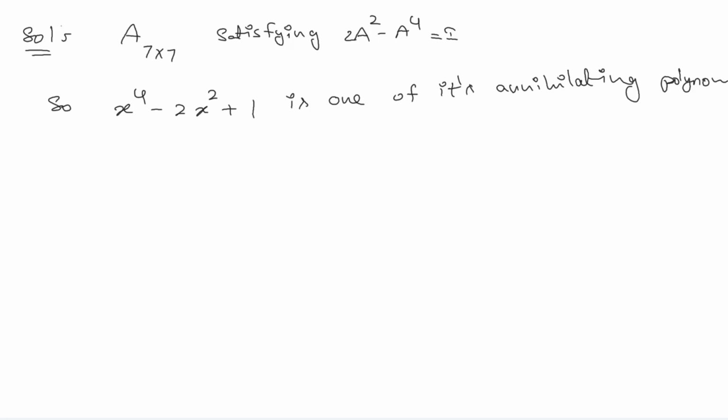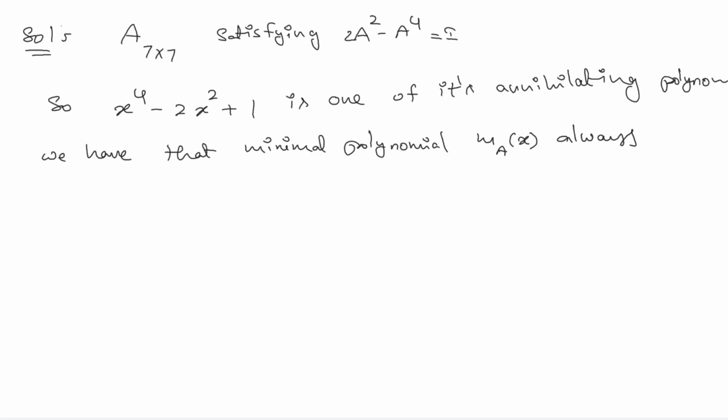When we have an annihilating polynomial, we have a condition that the minimal polynomial always divides the annihilating polynomial. We have that the minimal polynomial, denoted with M_A of x, always divides the annihilating polynomial.